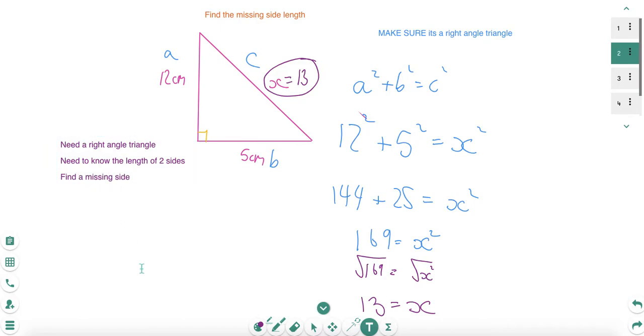So, in order to use Pythagoras' theorem, you have to satisfy these three criteria. It has to be a right-angled triangle, check. We need to know the length of two sides, check. And we're trying to find a missing side. Cool. So we're not trying to find a missing angle, we're trying to find the missing side, okay?